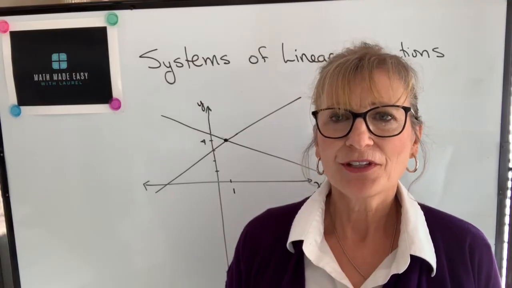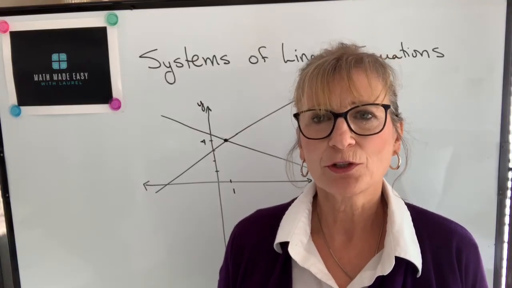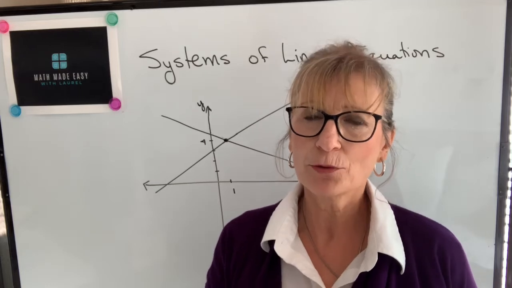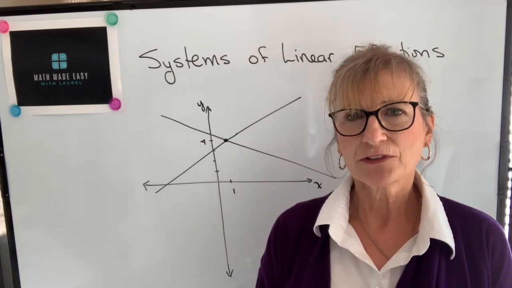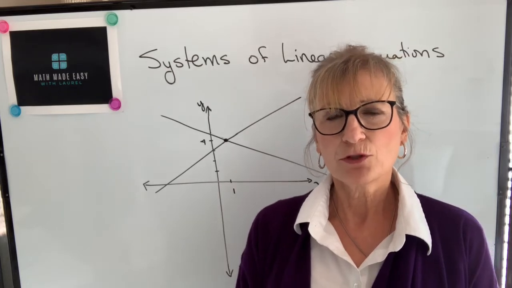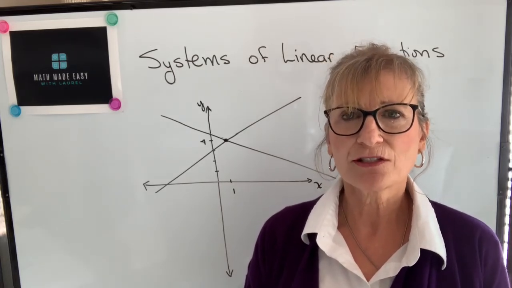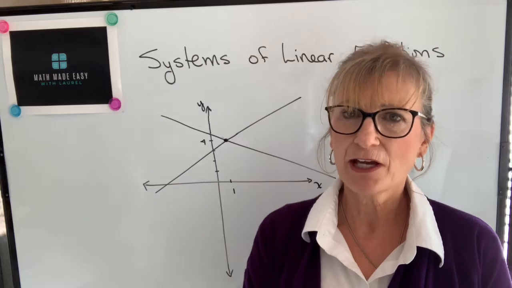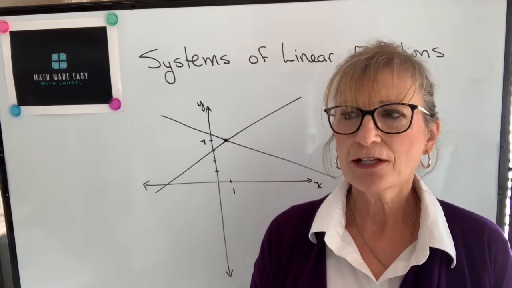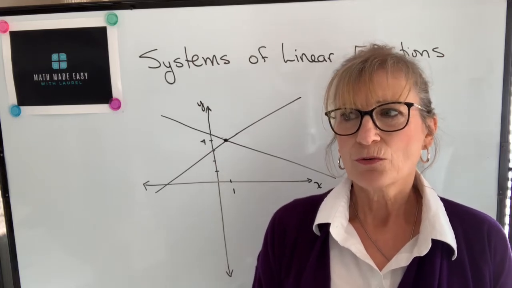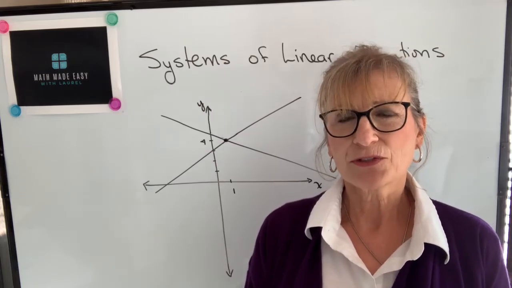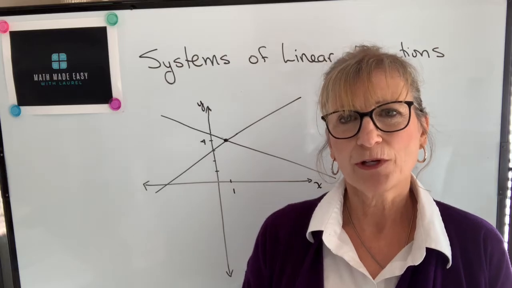To start off with, I want to talk about what a system of linear equations is. We have already discussed linear equations. So if we have a system of linear equations, we have two equations and each of those equations has two unknowns. So let's say we have x and y. When you're asked to solve that system, you're looking for the solution, or the point, or the set of values that satisfy both equations.